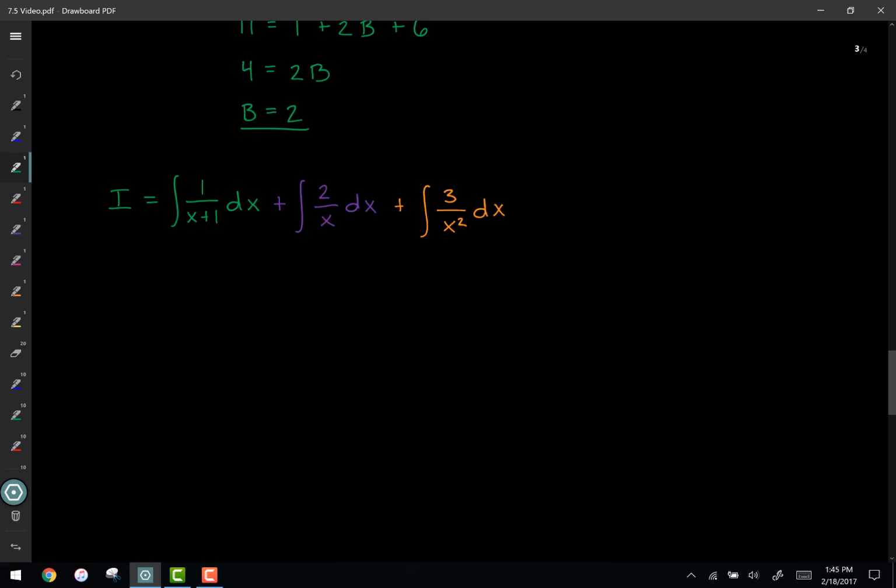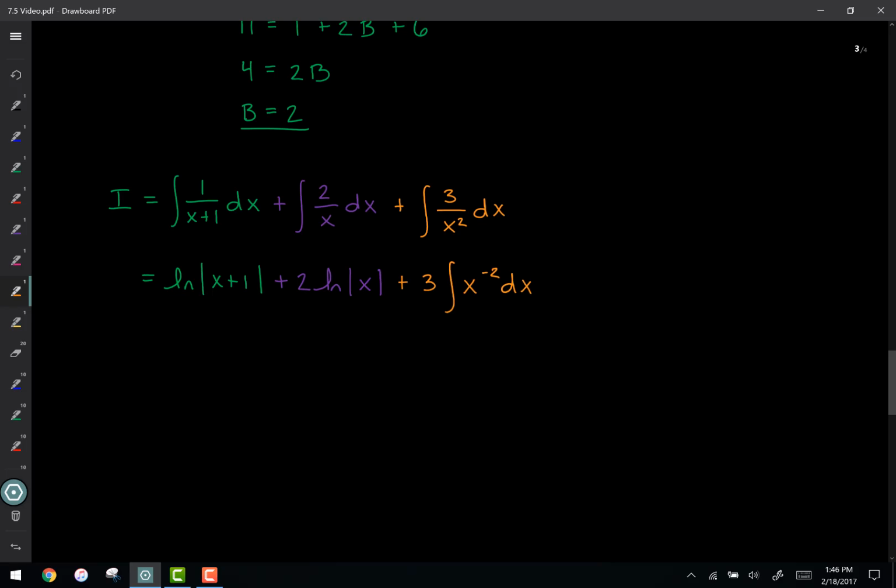Well, the green integral is just the natural log of the absolute value of x plus 1. The purple integral is 2 natural log of the absolute value of x. What about the orange one? Well, we would say, pull the 3 out. This is x to the minus 2.